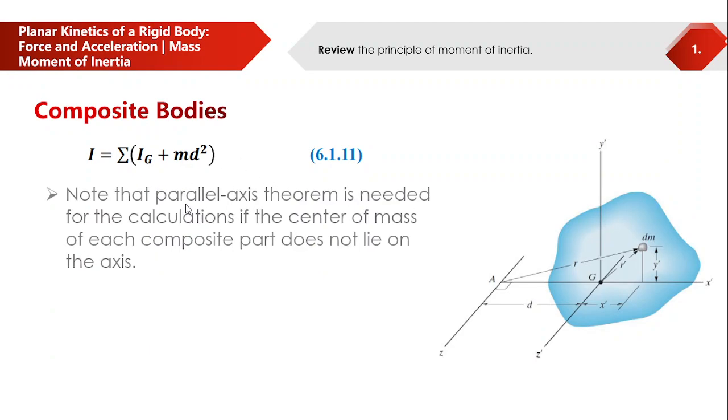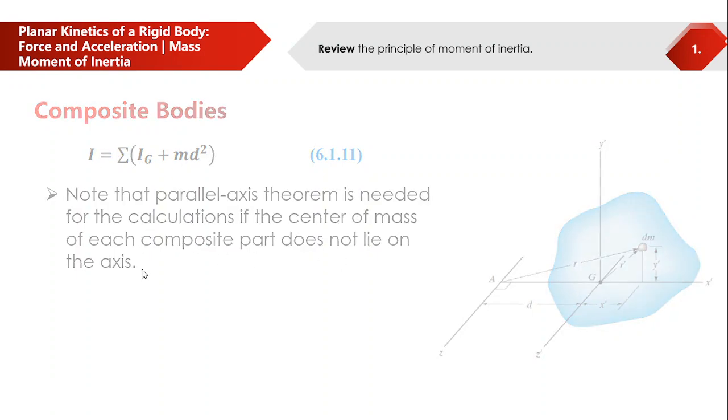Note that the parallel axis theorem is needed for the calculations if the center of mass of each composite part doesn't lie on the axis of the center of mass. Ito yung gagamitin natin, yung parallel axis theorem, kung hindi siya nasa center of mass of each composite part.